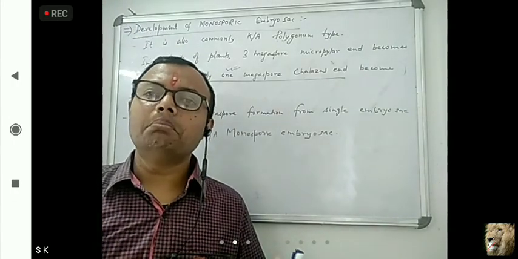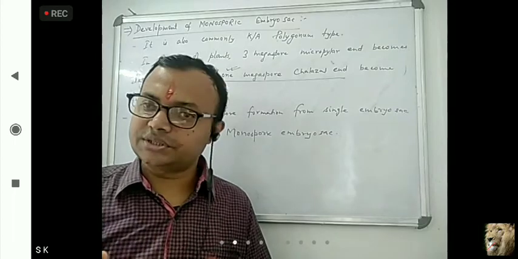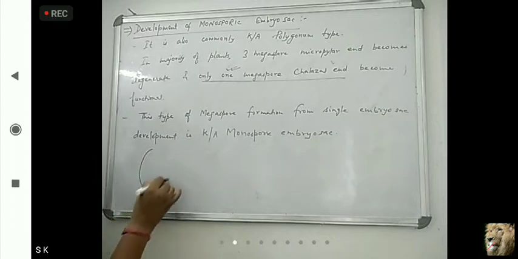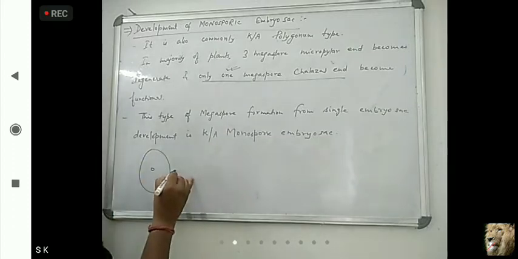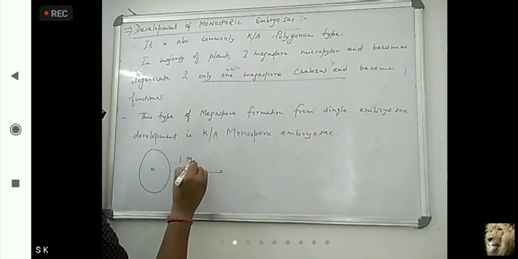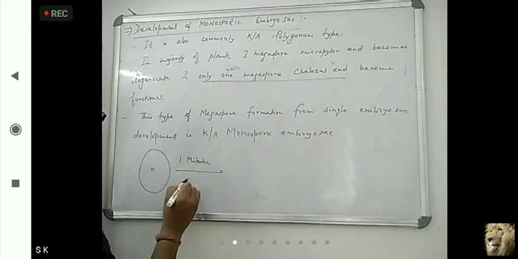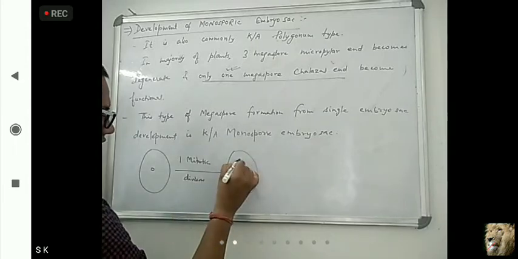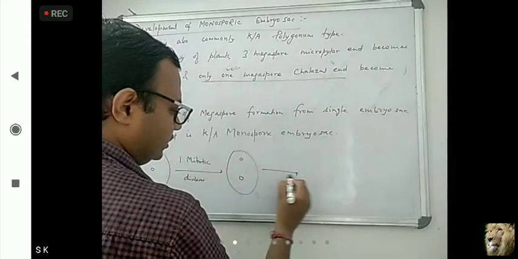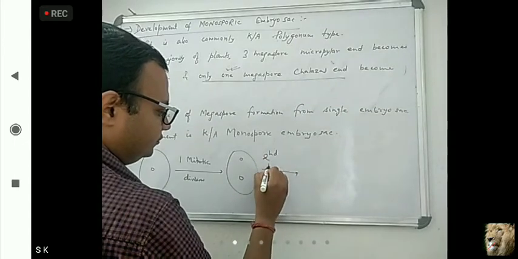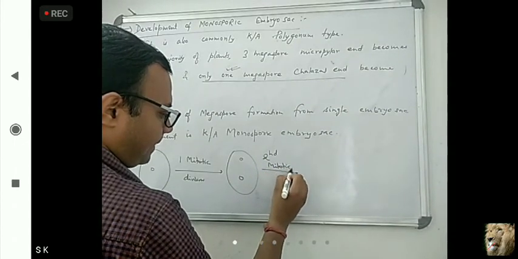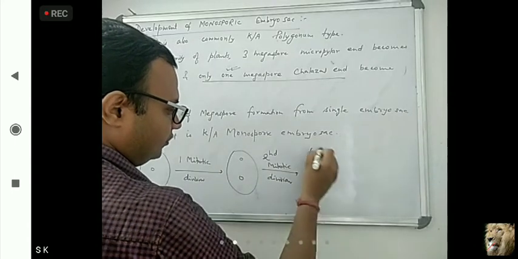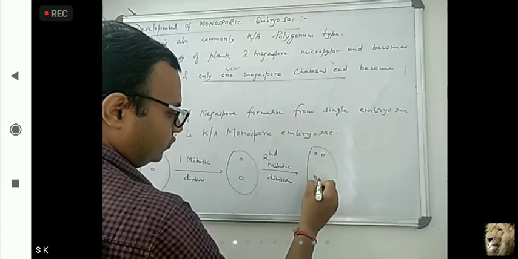Now, here what happens? Three successive mitotic divisions occur. One mitotic division, this converts into two. Second mitotic division, so these two convert into 4.